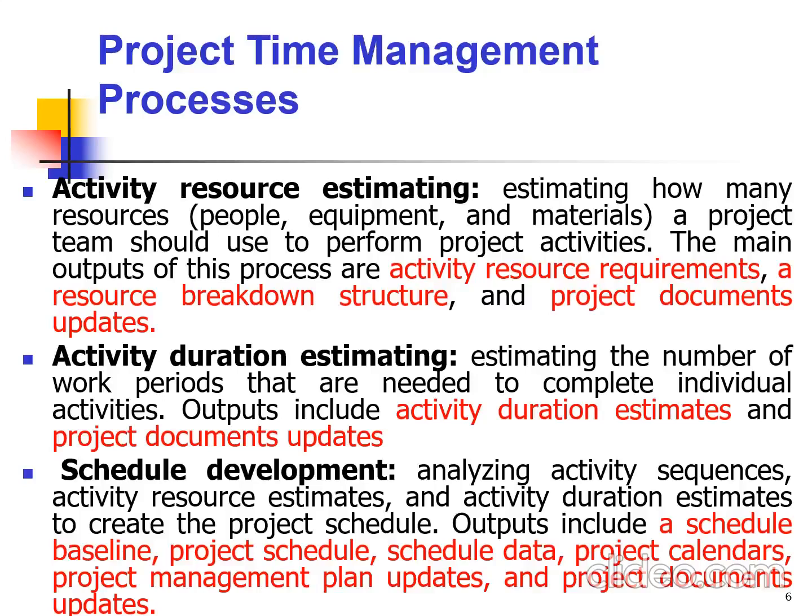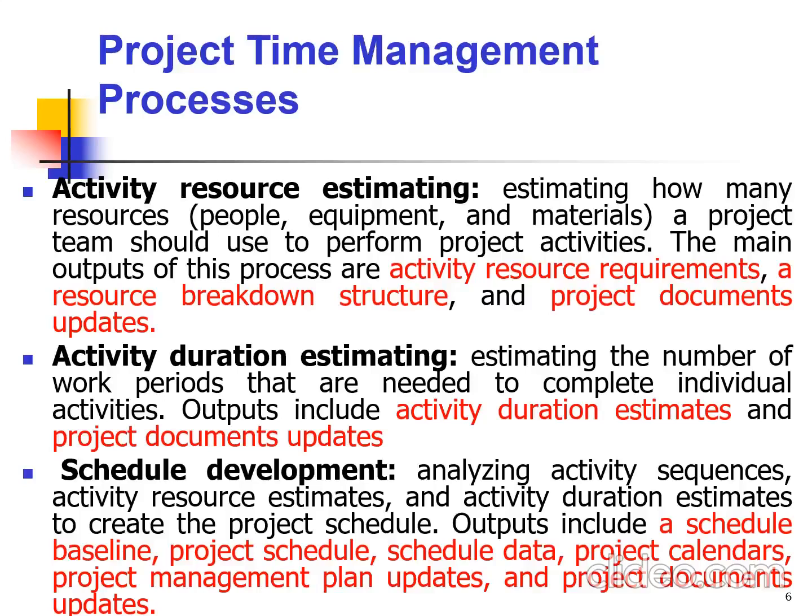We also have activity duration estimating, which involves estimating the number of work periods that are needed to complete individual activities. And the outputs of this include activity duration estimates and project documents updates. So we also have schedule development, which involves analyzing activity sequencing, activity resource estimates, and activity duration estimates to create the project schedule.